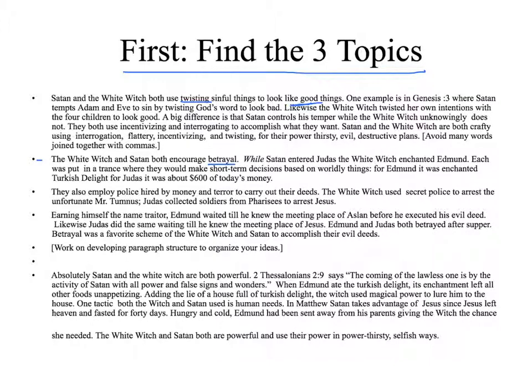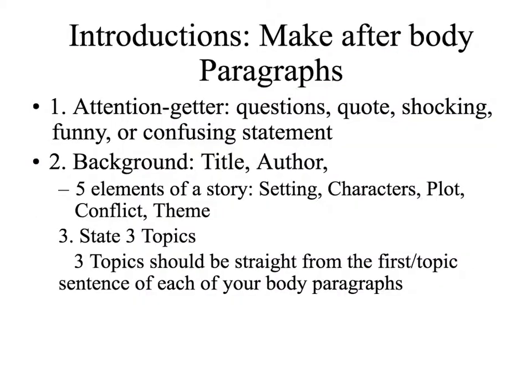Oh, I should have the word betrayal in there. Then they've got pleas to terror, but I think that really goes with the other paragraph. I'm looking for my 3 big topics here. Earning himself the name traitor. And then lastly, it looks like he talked about how they are both powerful. So I've got my 3 things: twisting good and evil, betrayal, and power. These should be mentioned in the introductory paragraph.